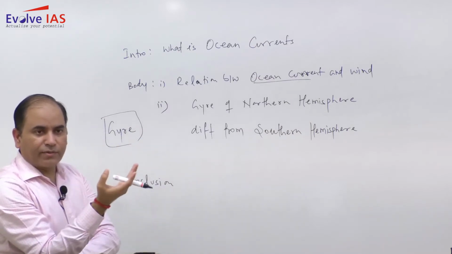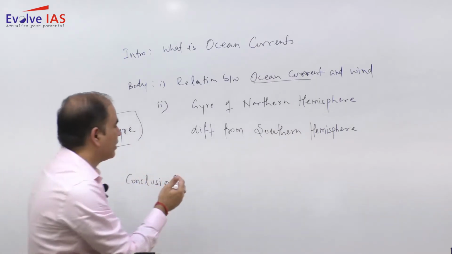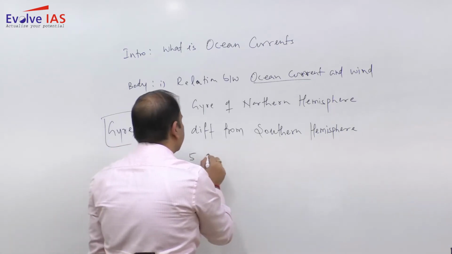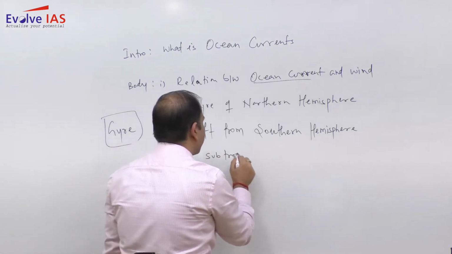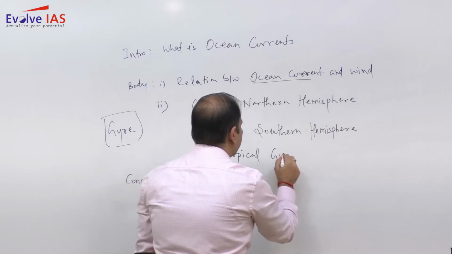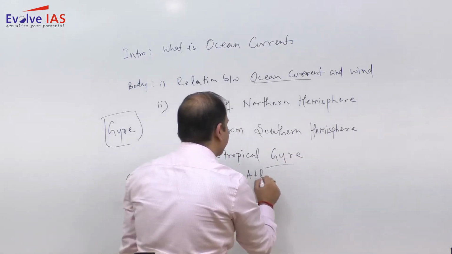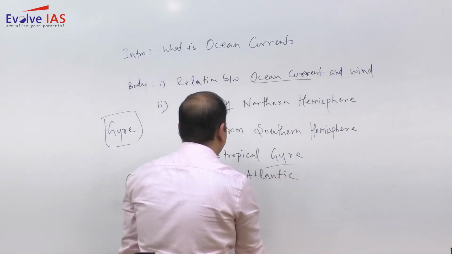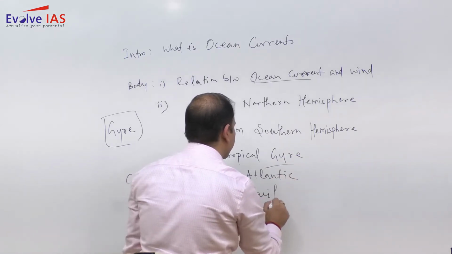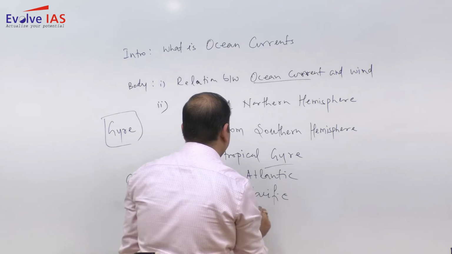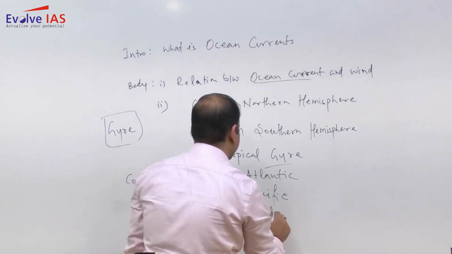So you can take any of the circulations. In total we primarily have 5 subtropical gyres: 2 in the Atlantic Ocean, 2 in the Pacific Ocean, and 1 in the Indian Ocean.